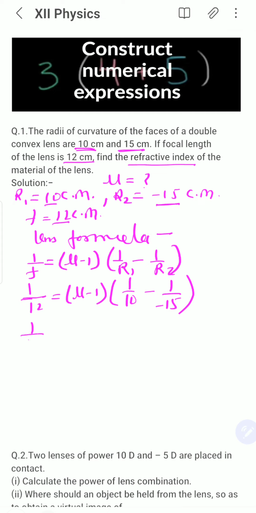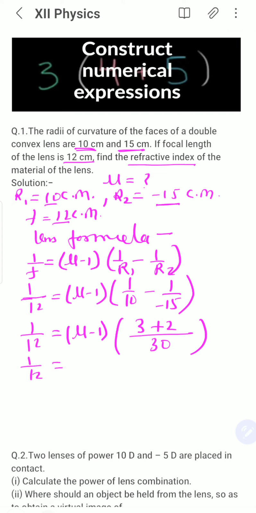When we multiply with the minus and take the LCM, the LCM is 30. 10 times 3 is 30, and 15 times 2 is 30. It will be a plus because the minus will multiply with the minus, and we will get 1 upon 12 is equal to mu minus 1 into 5 upon 30.